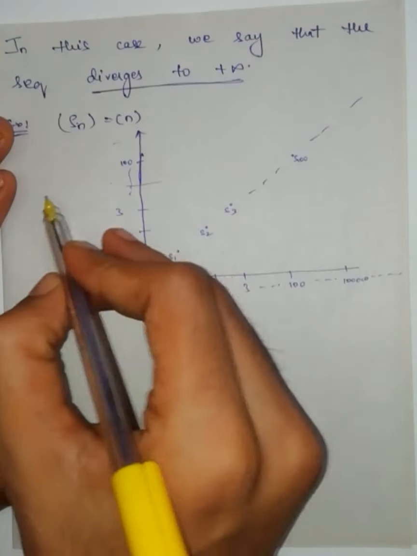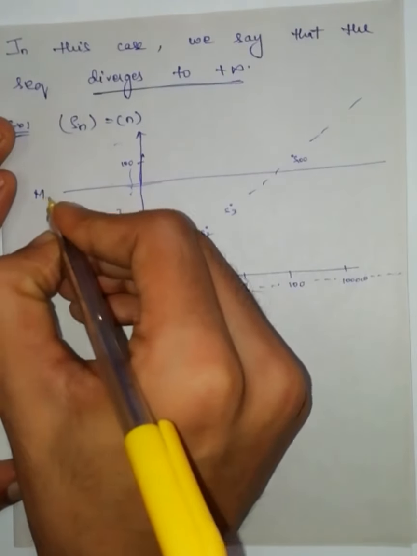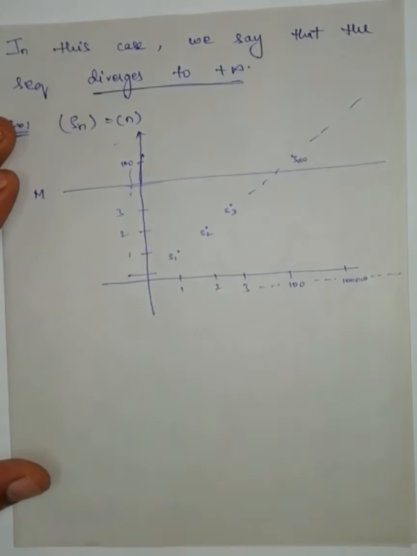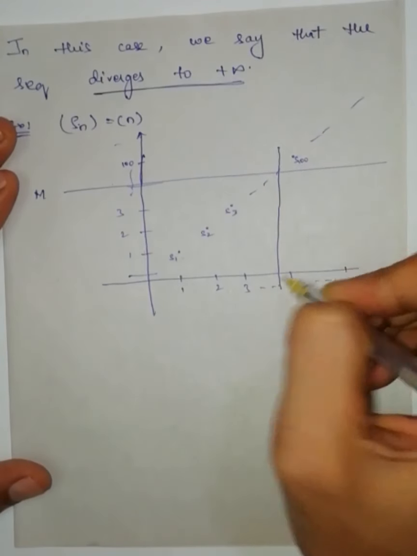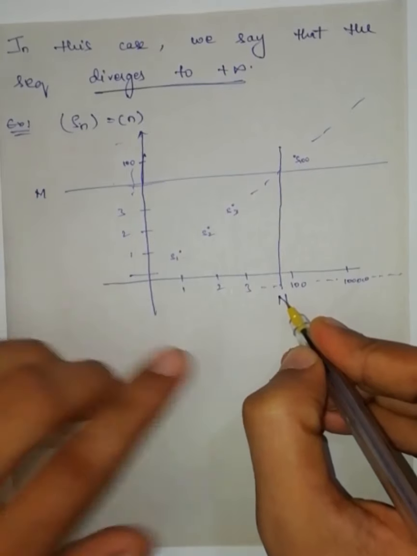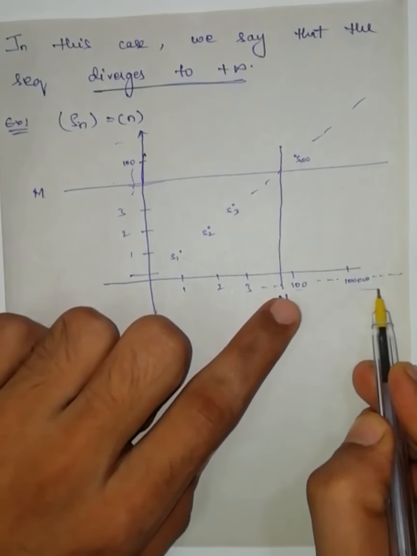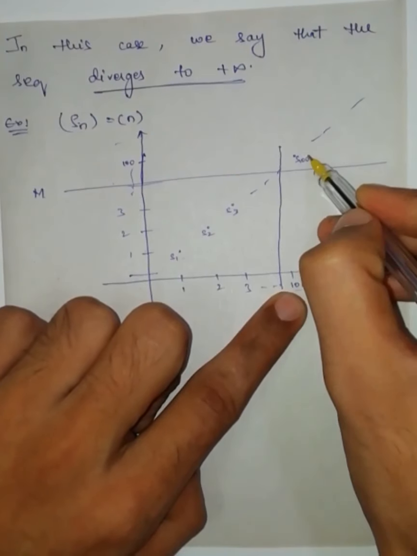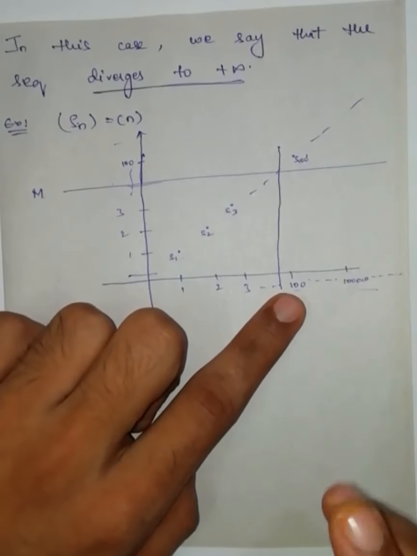I am taking the capital M here. This capital M is strictly greater than 0. According to this capital M, I am going to get a capital N here. After this capital N, if I take any small n value, their terms are also greater than capital M.